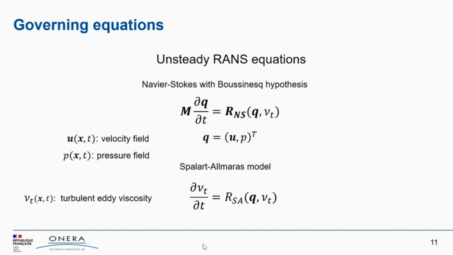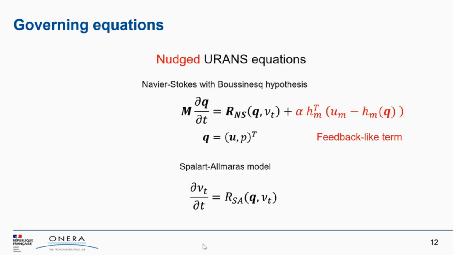RNS is the residual of the Navier-Stokes equation, and depends on Q and nu_t, where nu_t is a turbulent eddy viscosity variable, which satisfies the Spalart-Allmaras model, written briefly with the residual of the Spalart model in our case. So in the Nudge-URANS equation, you introduce a feedback term in the Navier-Stokes equation only. And this feedback term is proportional to the difference between UM, the data, and HM Q, the measurement of the solution Q.